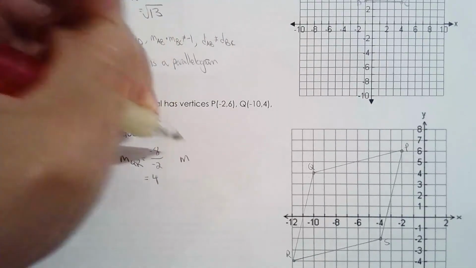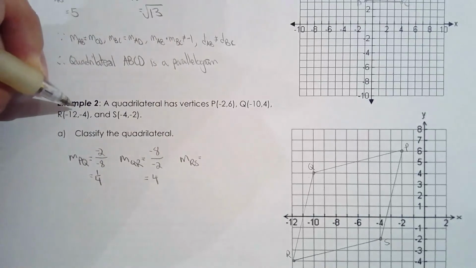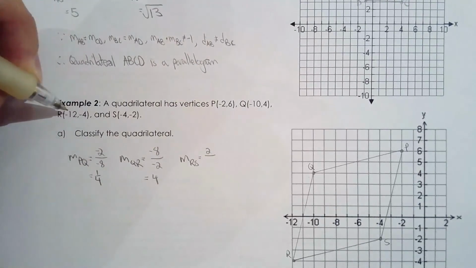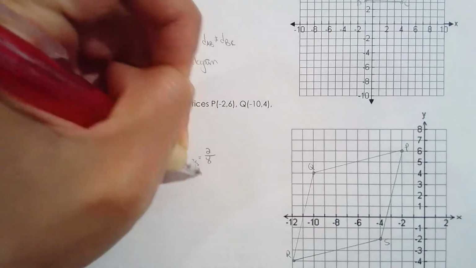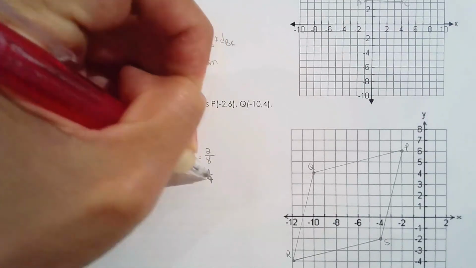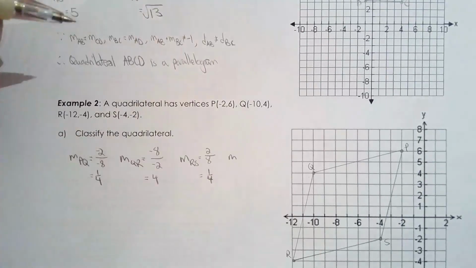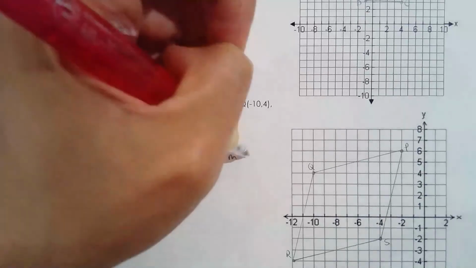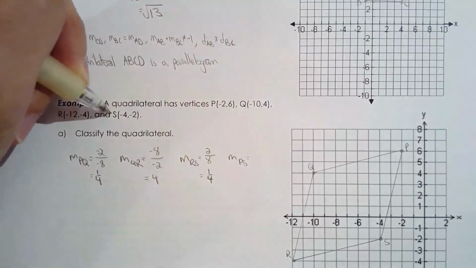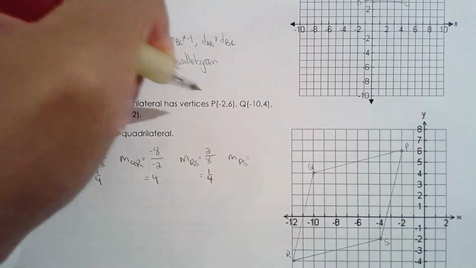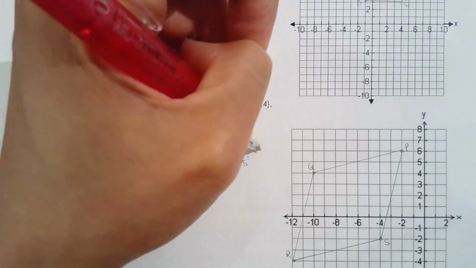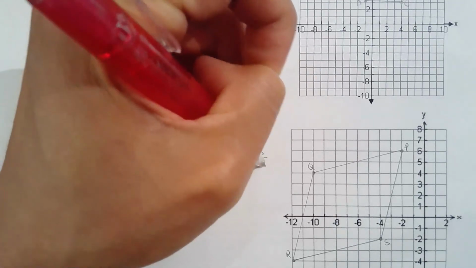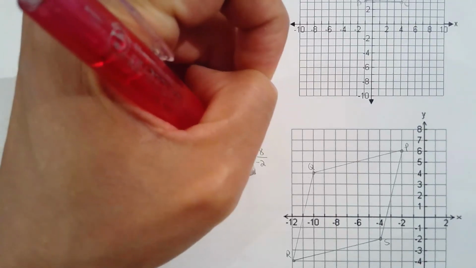The slope of RS: -2 minus -4 is 2, and -4 minus -12 is 8, so that's 1/4. Beautiful. The slope of PS: -2 minus 6 is -8, and -4 minus -2 is -2, so that's 4.